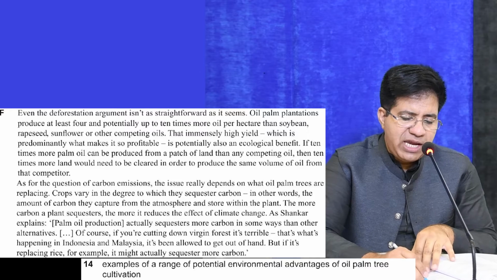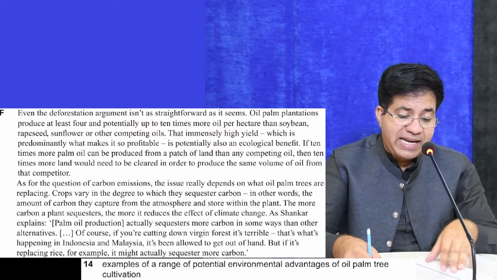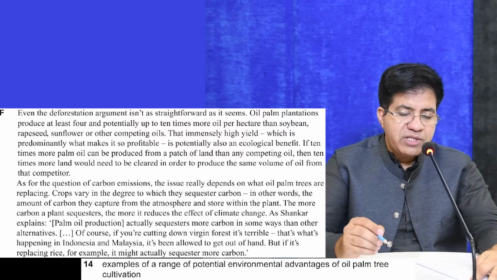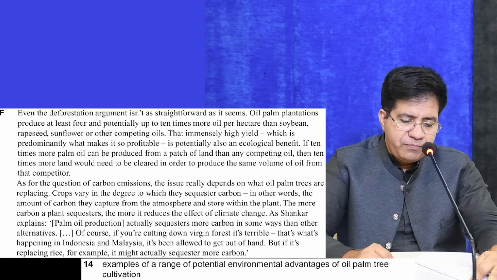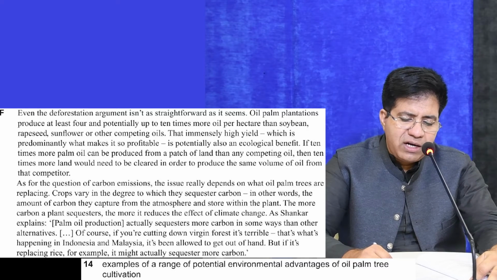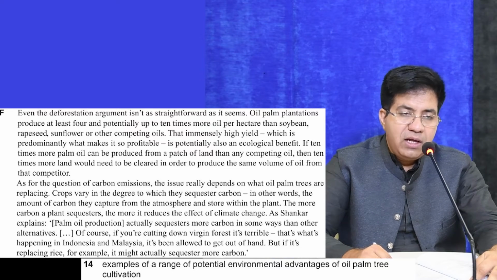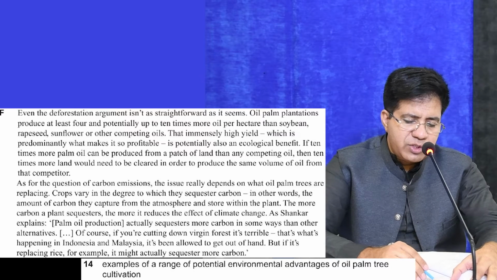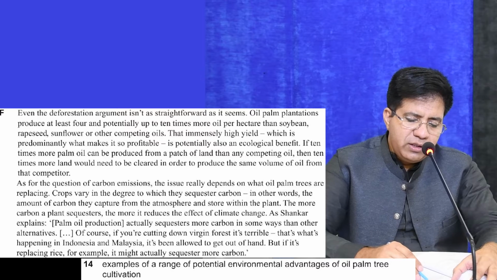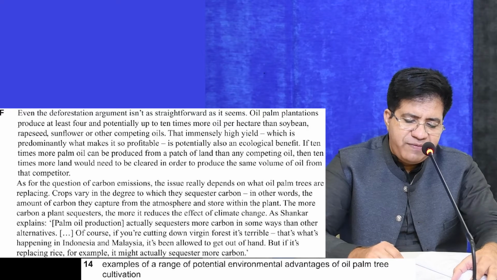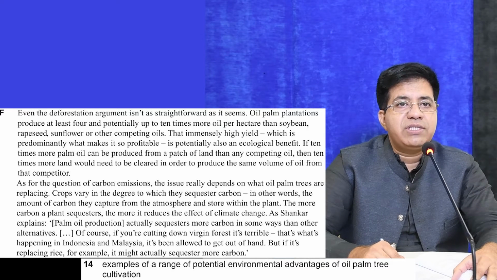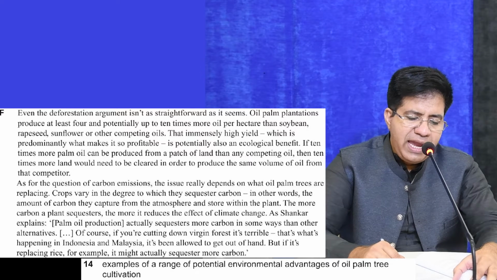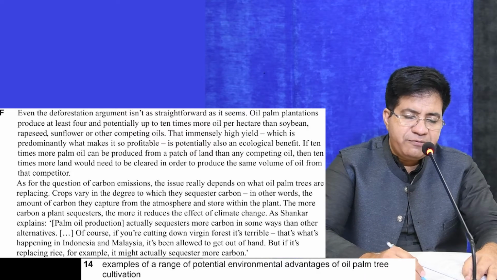Now, if you come to the second paragraph of F, third line, after the full stop: the more carbon a plant sequesters, the more it reduces the effect of climate change. So this is one ecological benefit, and the other one is given in paragraph F, the first part.